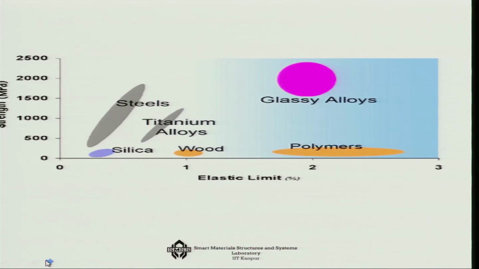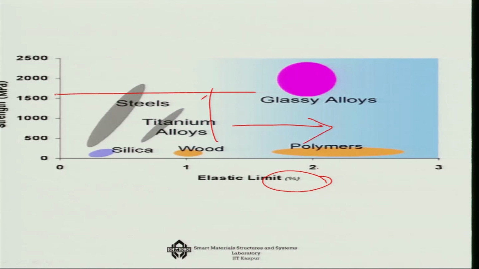In this last picture, if you look at it, in terms of strength, if you can make the glassy alloys, you are going much higher above steel. That is where the advantage of the glassy alloys is. And if you look at the percentage strain also, you can go much higher above steel, aluminiums, etc., something which you can compare only with polymers.